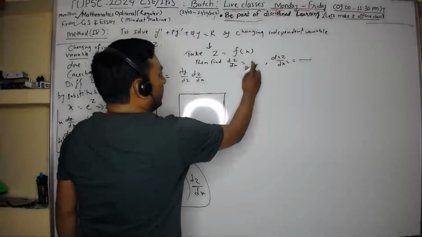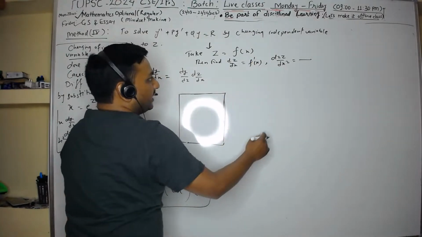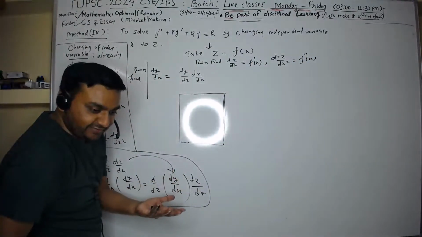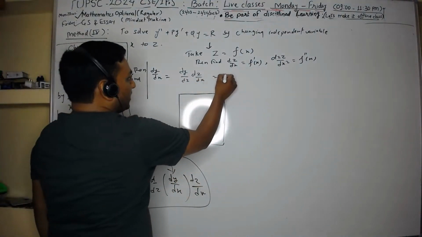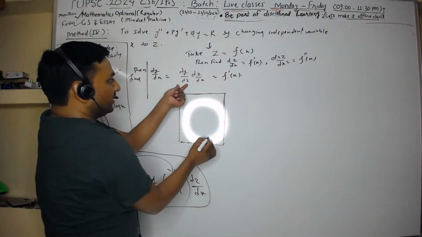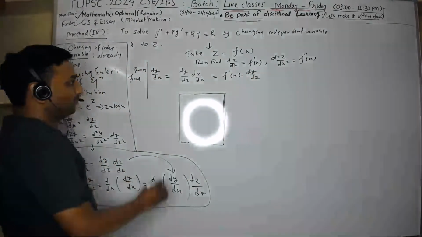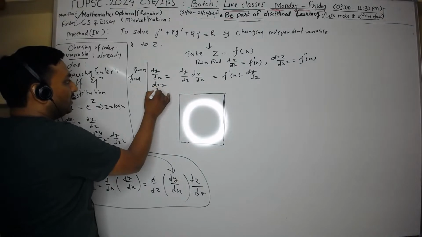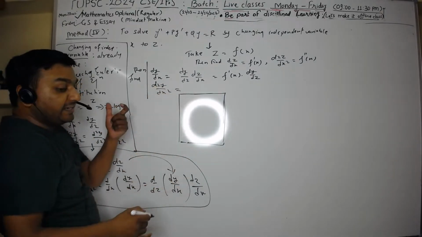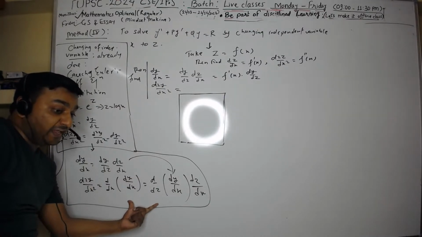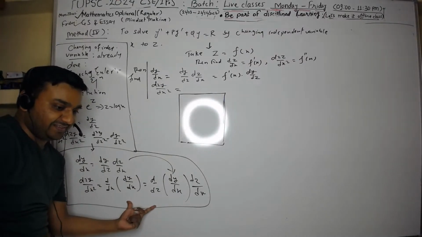So this dz over dx, let's say it is f dash x, and this is f double dash x. So this will become f dash x into dy over dz. In the same manner, I can find d2y over dx square by following this process.